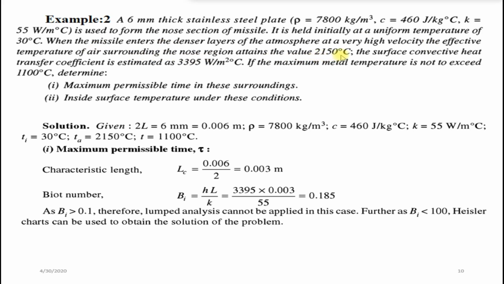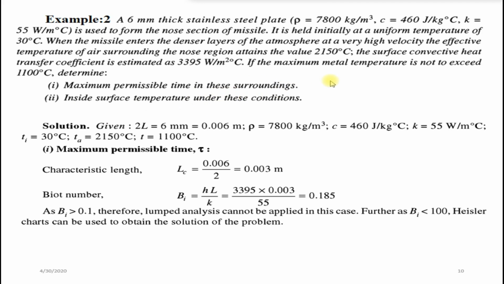The surface convective heat transfer coefficient is estimated as 3395 watt per meter square degree Celsius. If the maximum metal temperature is not to exceed 1100 degrees Celsius, determine the maximum permissible time in these surroundings, and second, the inside surface temperature under these conditions.